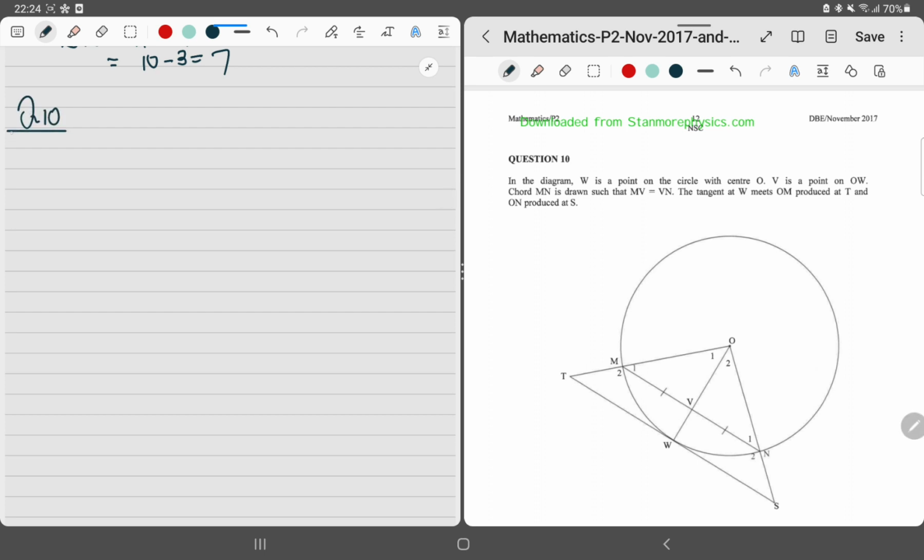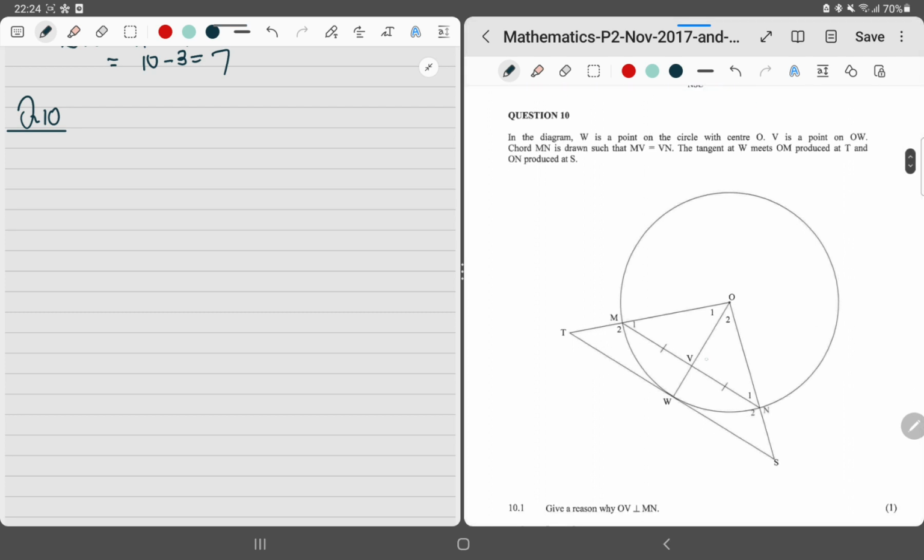Question 10. In the diagram, W is a point on the circle with center O. V is a point on OW. Chord MN is drawn such that MV is equal to VN.